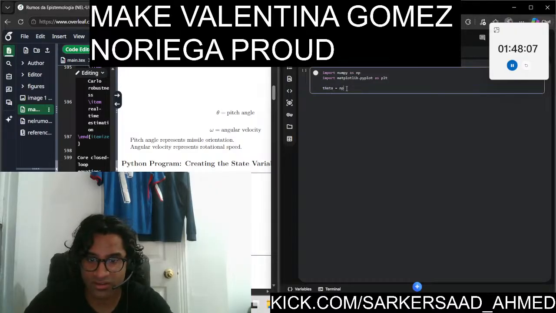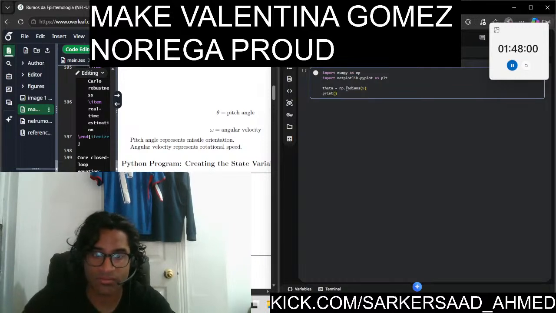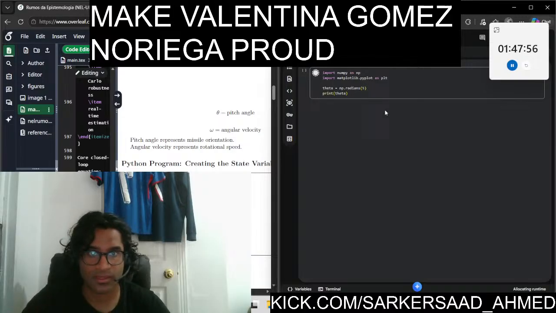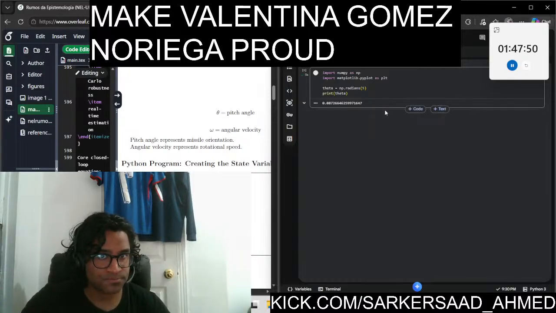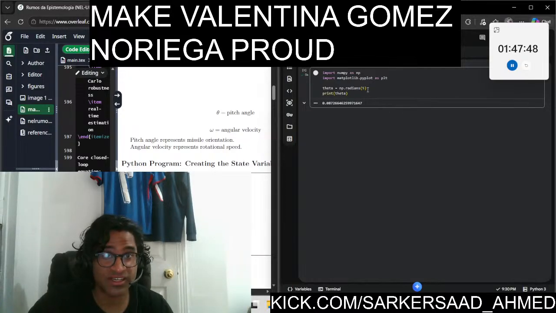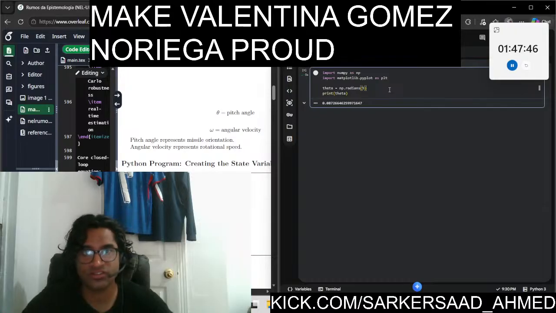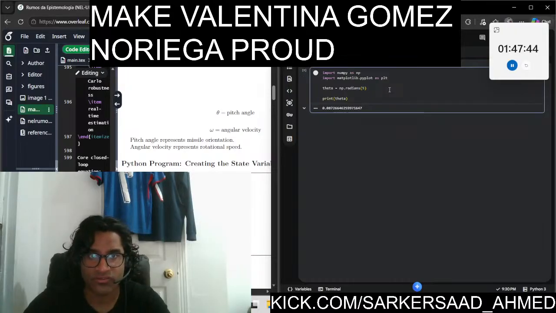Theta is equal to np.radians 5, print theta. The value decreased, right? So it converted. So this converts theta to radians.